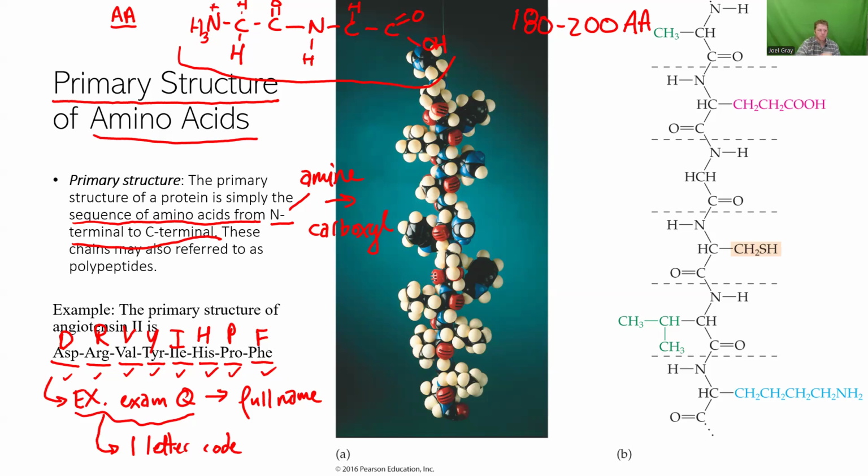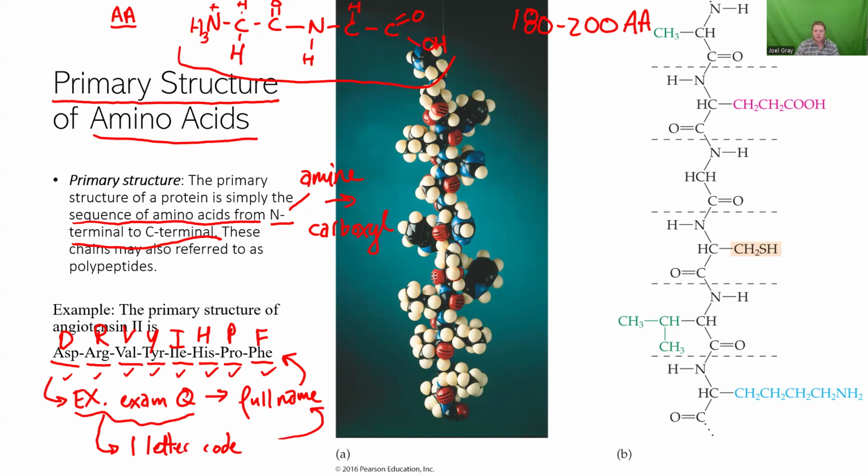And then, basically, to go in the reverse direction. Now, we talked about how the three-letter codes for the most part are the first three letters of the amino acids. There's a handful where it doesn't really fit.